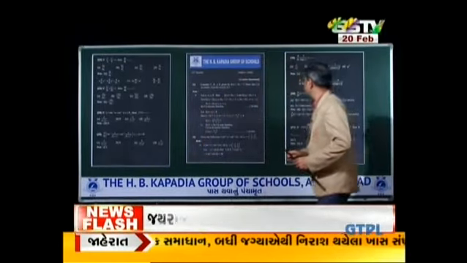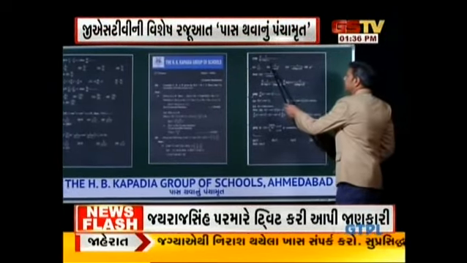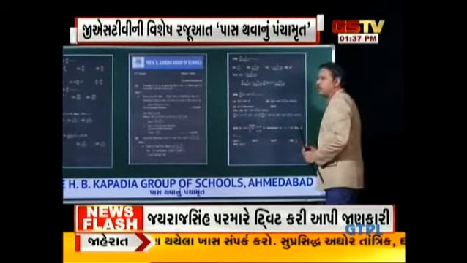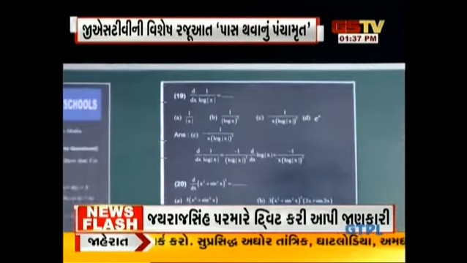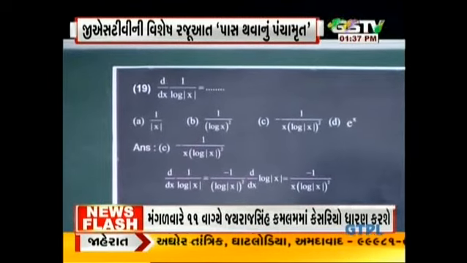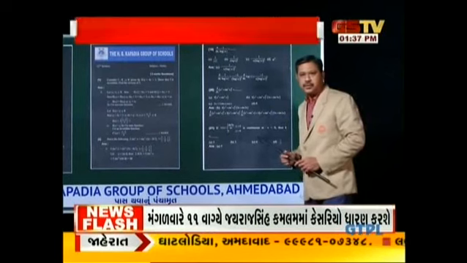Next MCQ question number 19, derivative of 1 upon log mod x function. 1 upon x derivative is minus 1 upon x square.